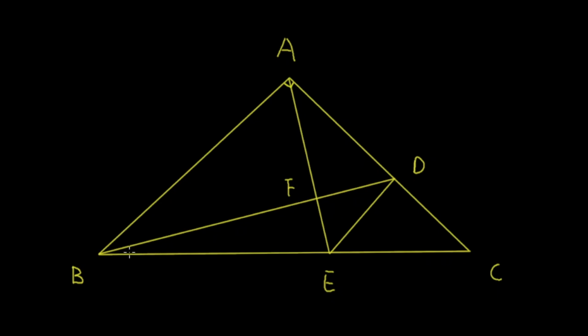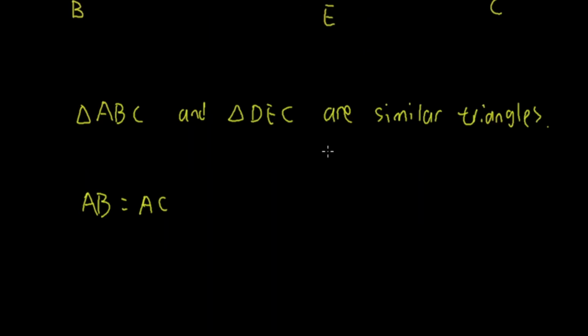So that means this full angle here is the same as this angle here, right? Okay, so we can say that angle ACB is the same as angle ABC. And what is that?